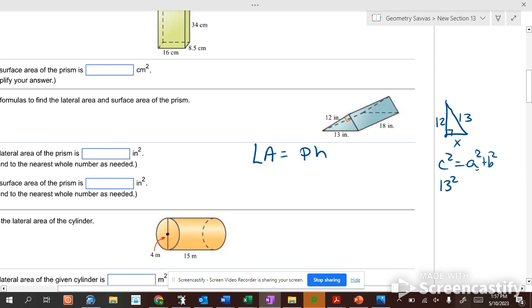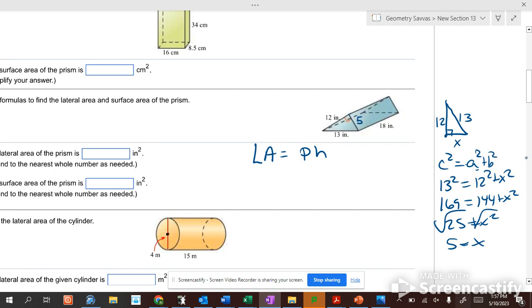So 13 squared equals 12 squared plus x squared. So 169 equals 144 plus x squared. Subtract 144, 25 equals x squared. And take the square root. X equals 5. Okay? So the missing side is 5.